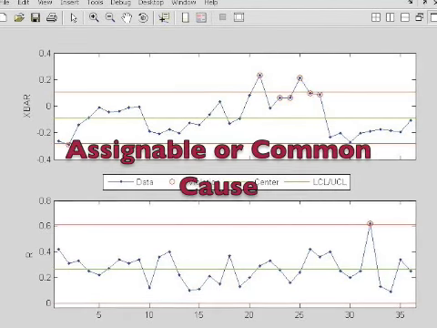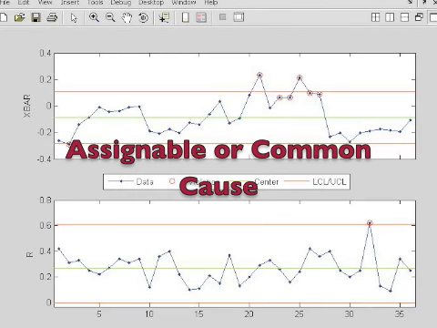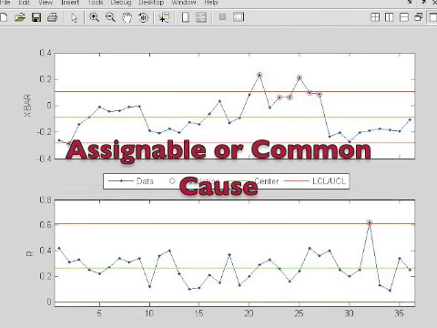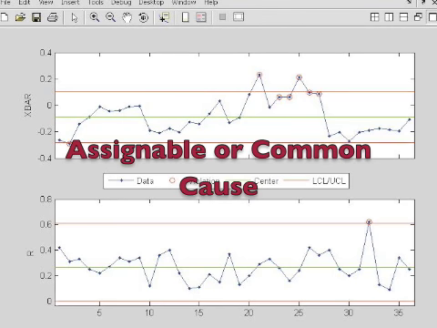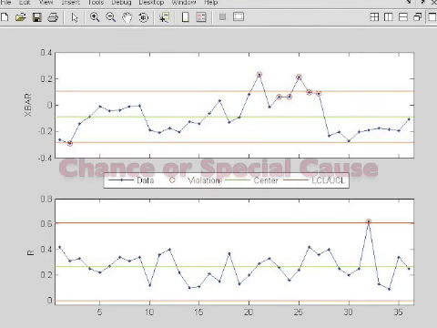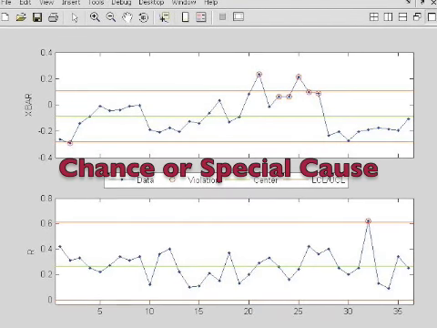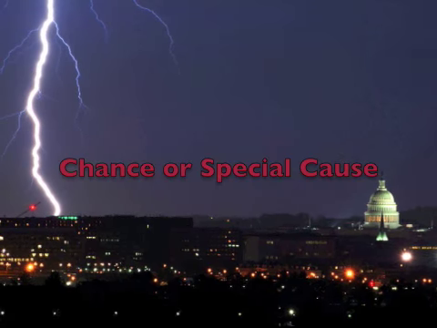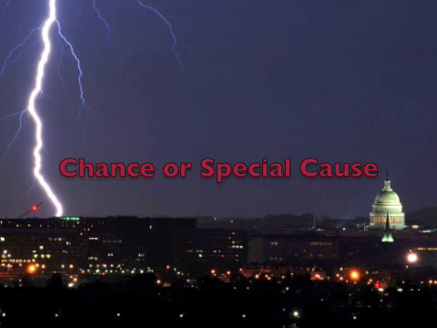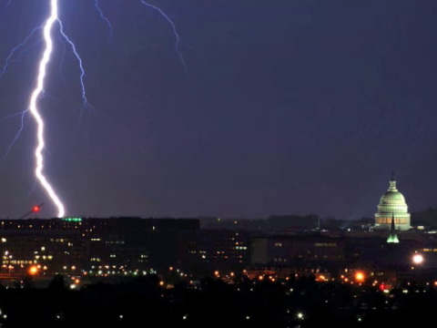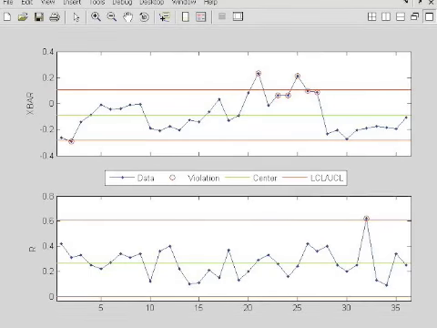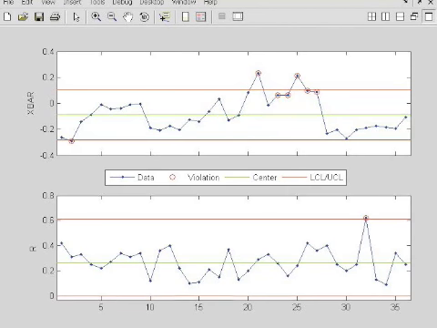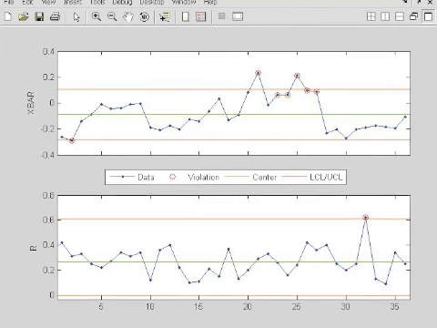First, there is an assignable or common cause, and that's within the activities of the process and can therefore be eliminated. Otherwise, the cause is a chance or special cause, one that is unanticipated, emergent, or otherwise outside of the process. Reducing or eliminating common cause events makes the process increasingly statistically predictable, excepting special cause events.